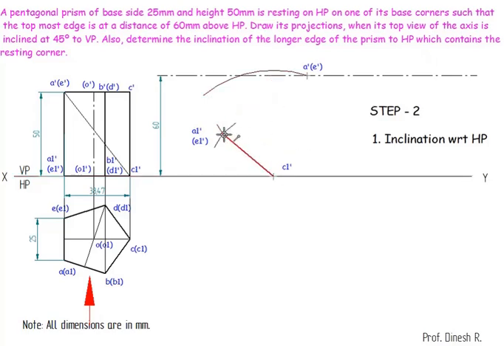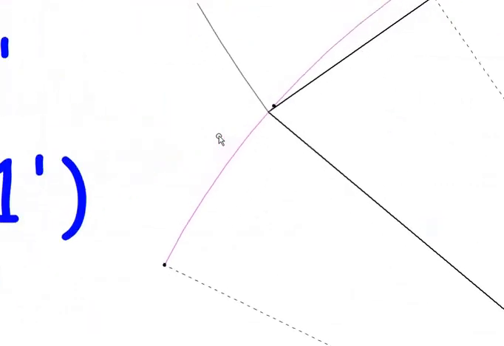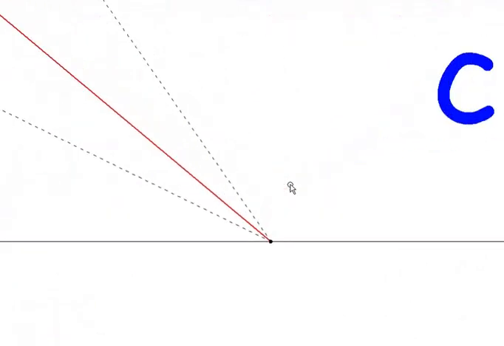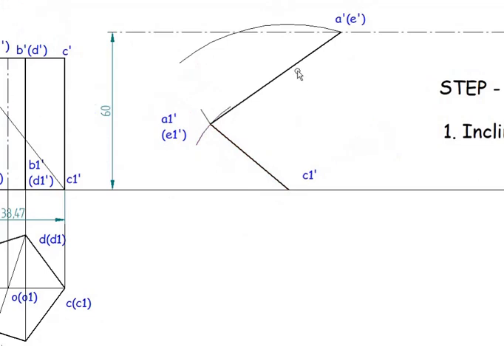Till this point, and from this end I'll be joining it. So I'll cut an arc, which is the radius 38.47 from A dash to A1 dash, which is equal to 50.